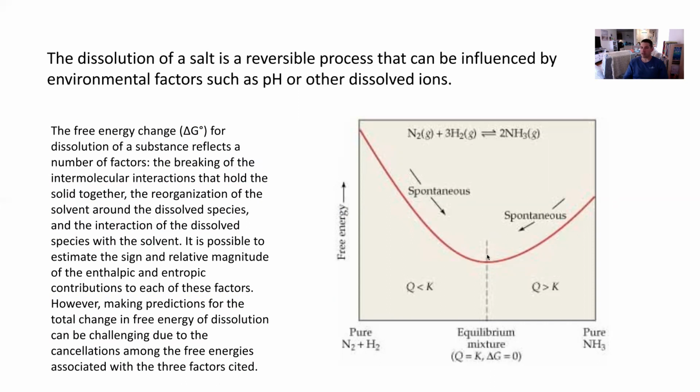And I want you to think of a ball. If the ball's over here, it's going to roll down. It's going to go past the equilibrium point and roll up a little bit, but it'll keep coming back down. And eventually it'll stop at 0. So the idea is that for an equilibrium reaction, if we go too far in either one direction, it's spontaneous to bring it back to equilibrium. So at equilibrium, delta G equals 0. Again, we will develop this more in Unit 9.